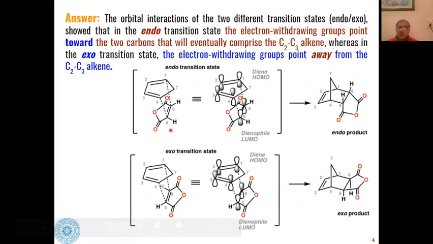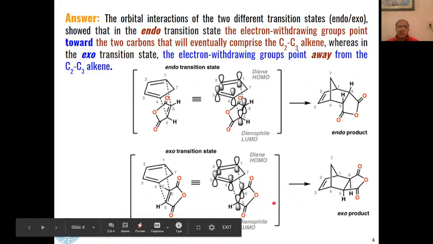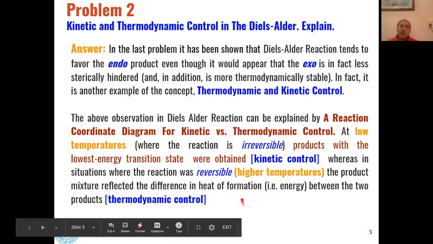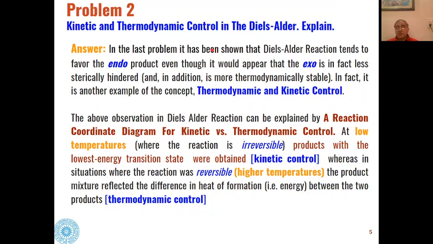So basically because of this reason, the endo transition state has lower activation energy as compared to the exo transition state. Now if we study this reaction in terms of kinetic and thermodynamic control, the aspect can be explained in terms of endo product formation or exo product formation on that basis also.